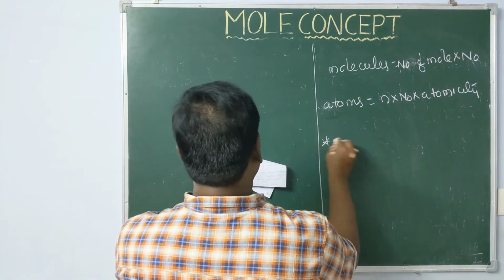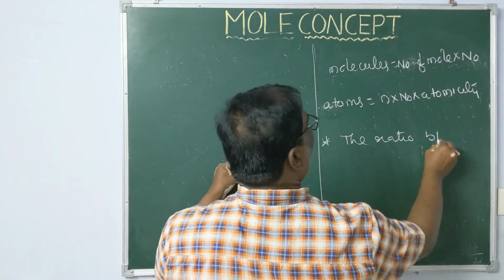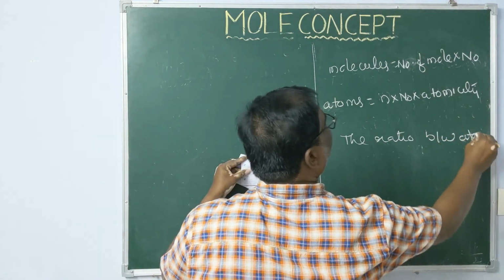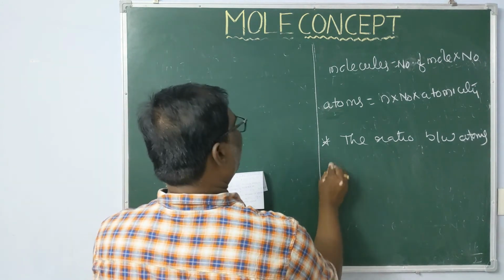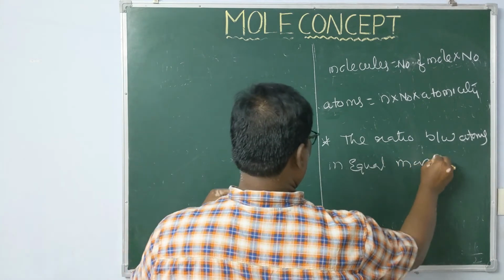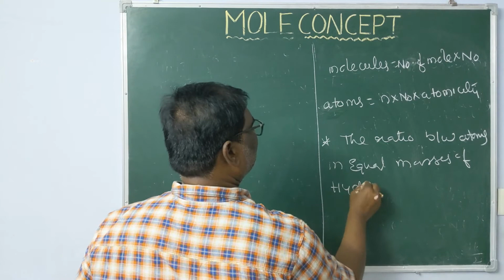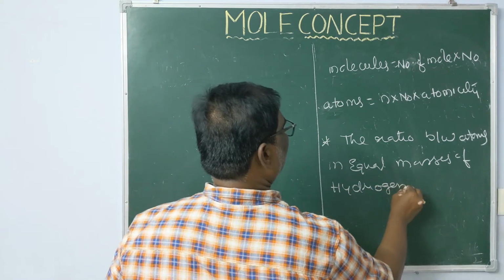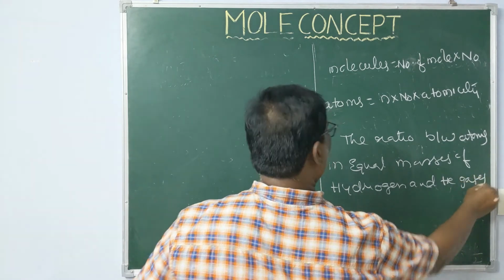The question is the ratio between atoms in equal masses of hydrogen and helium gases.